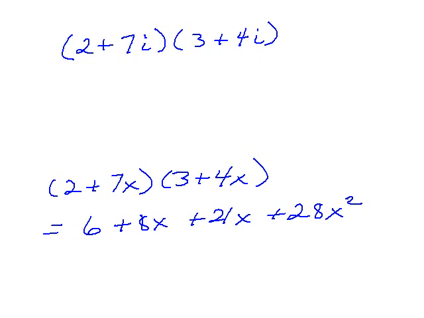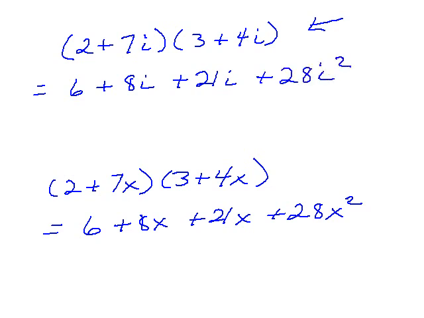You do the same thing up here. The i operates, or you could treat it as though it were an x. So I multiply this out, I get 6. Then I would have 8i, I would have 21i, and the last term would be 28i squared. Now with the x's, that's as far as you go, although you can combine these cross terms.